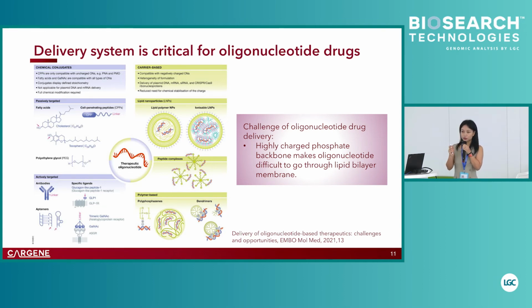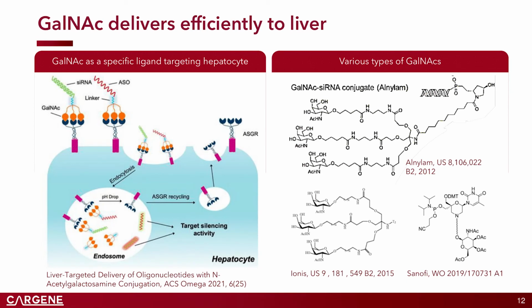Among all these approaches, one particular one becomes very exceptional. That's the GalNAc, trimeric GalNAc. In the next slide, I'm going to give you more information about the GalNAc approach. It delivers very efficiently to the liver, and it's very specific to liver targets.